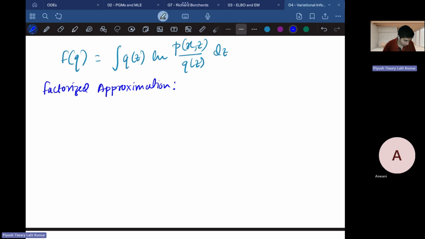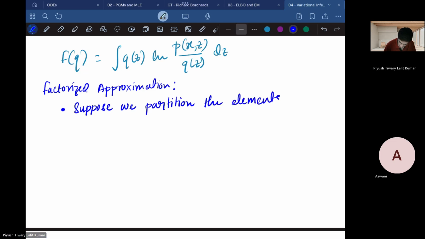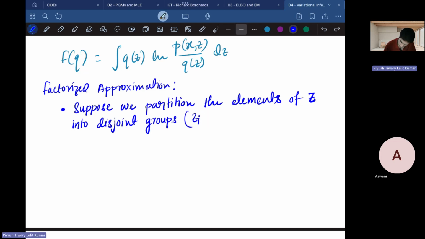There are two points. Suppose we partition the elements of Z into disjoint groups Zi, with i going from 1 till n.